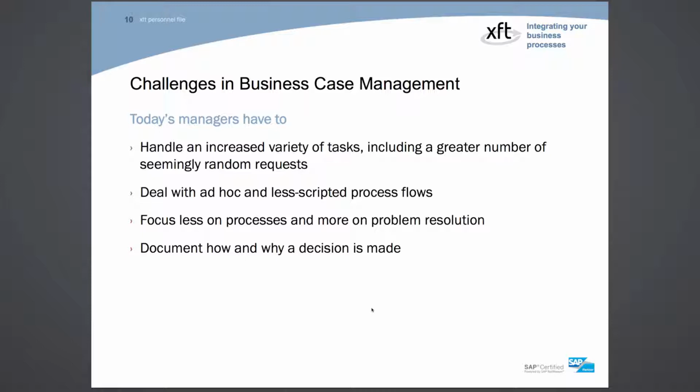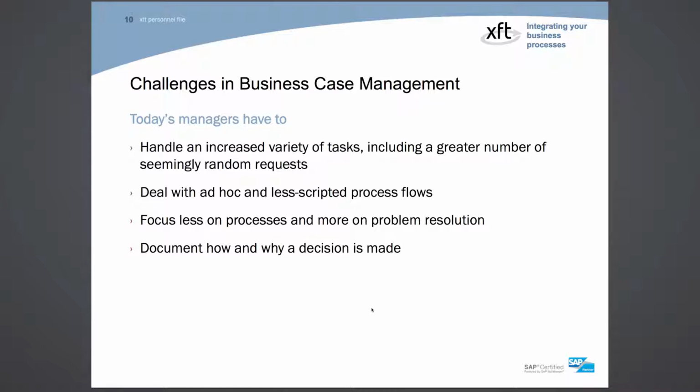With automation in modern offices, all the repetitive tasks are more and more taken over by software systems, and computers are automated or plain out eliminated. So the challenge in everyday tasks gets greater, and managers can only handle this greater number of seemingly random requests by receiving more support.